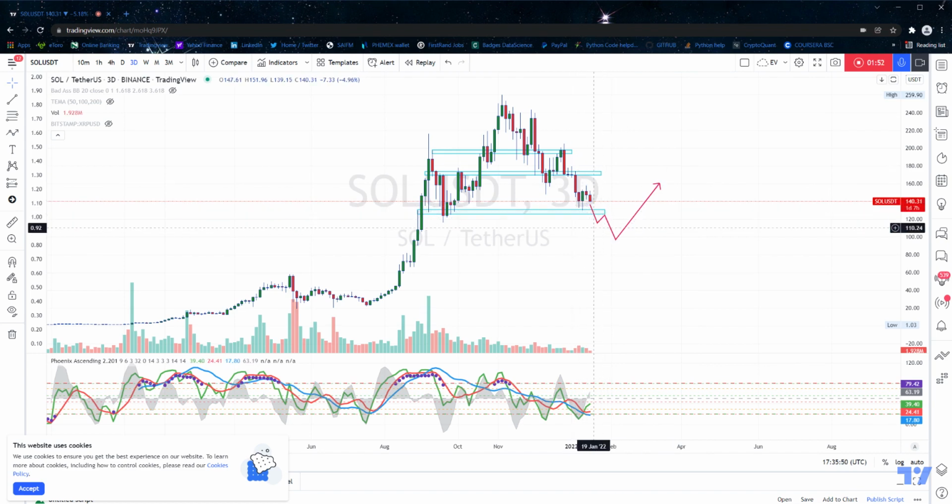So we will have to do another analysis when the price action is at this zone of 120-ish, which seems likely at this point, and then we will have to analyze from that point if we can go lower. However, anything from 120, I would say, onwards becomes a great reaccumulation zone.